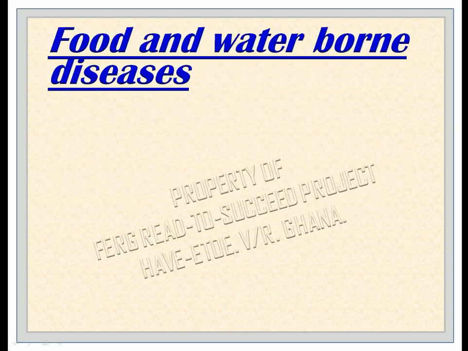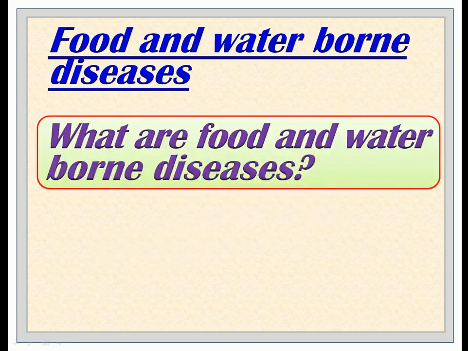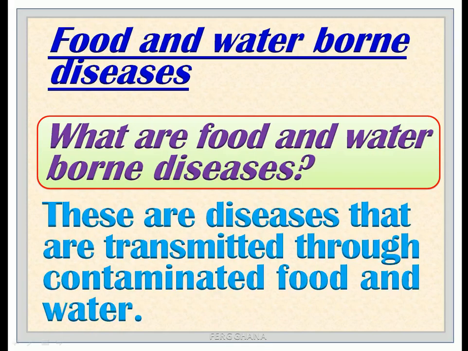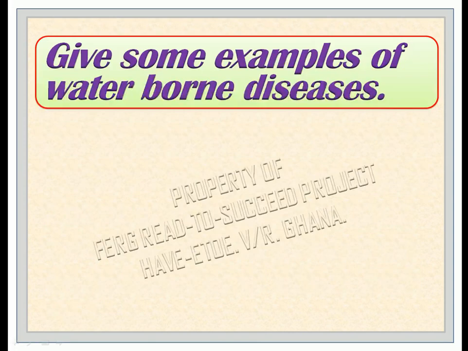Food and waterborne diseases. What are food and waterborne diseases? These are diseases that are transmitted through contaminated food and water. Give some examples of waterborne diseases.